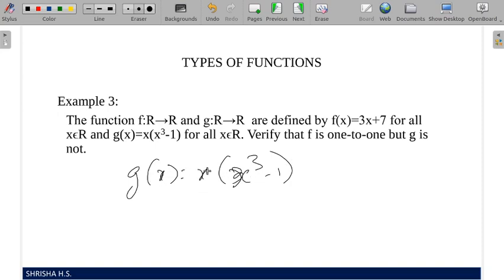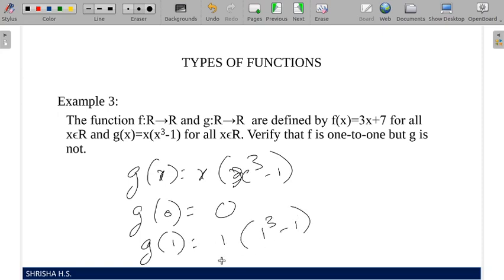Similarly, now let's see here, g of x equal to x multiplied by x cube minus 1. Let's take g of 0. What do you get? Again it is 0. Now 1 multiplied by 1 cube minus 1 is again 0. So g of 0 is 0, and g of 1 is also 0.